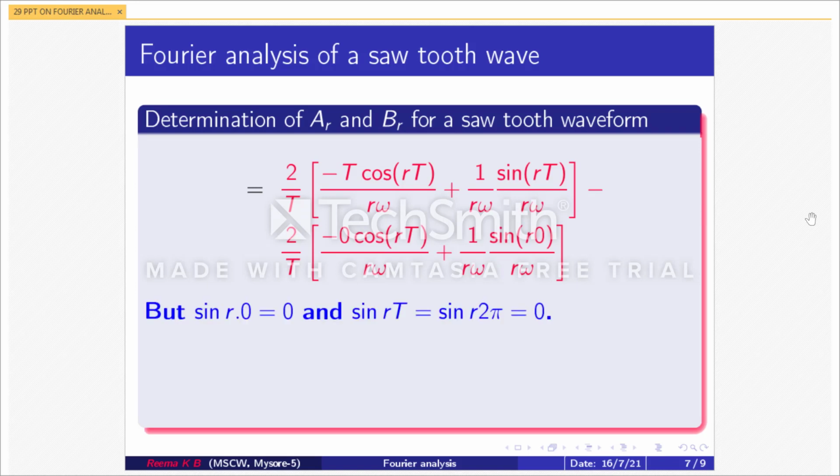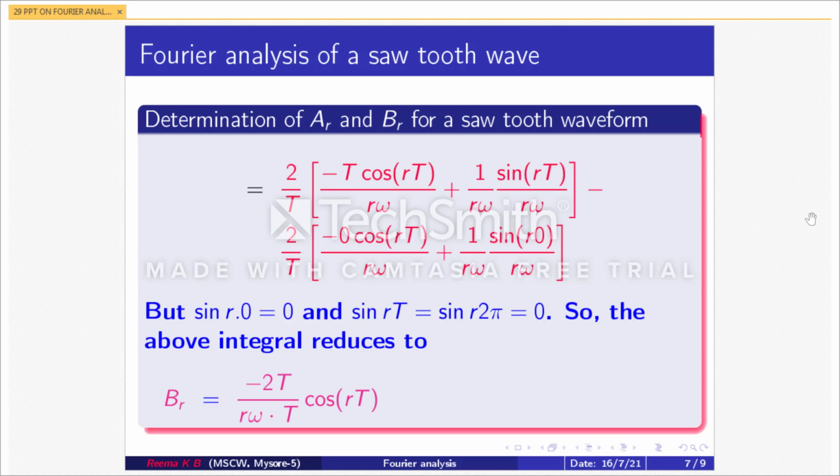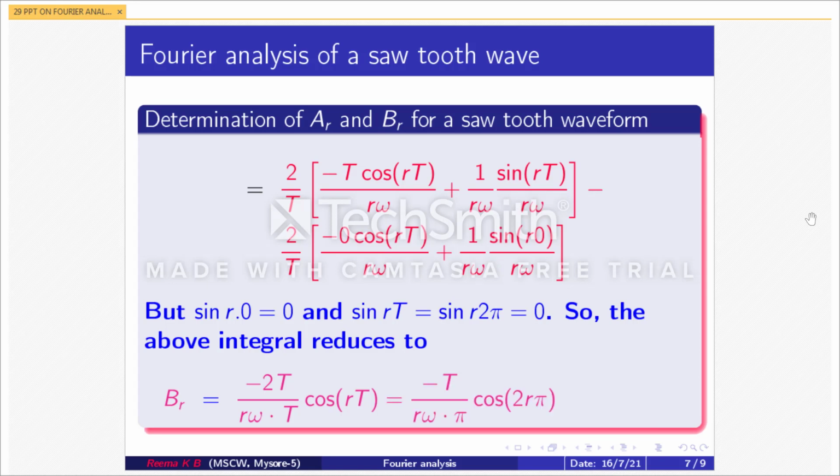Since sin r into 0 is equal to 0 and sin rT is equal to sin r of 2 pi, which is equal to 0, the above integral reduces to br is equal to minus 2 by r omega times cos rT, which is equal to minus T by r omega into pi cos of 2r pi.